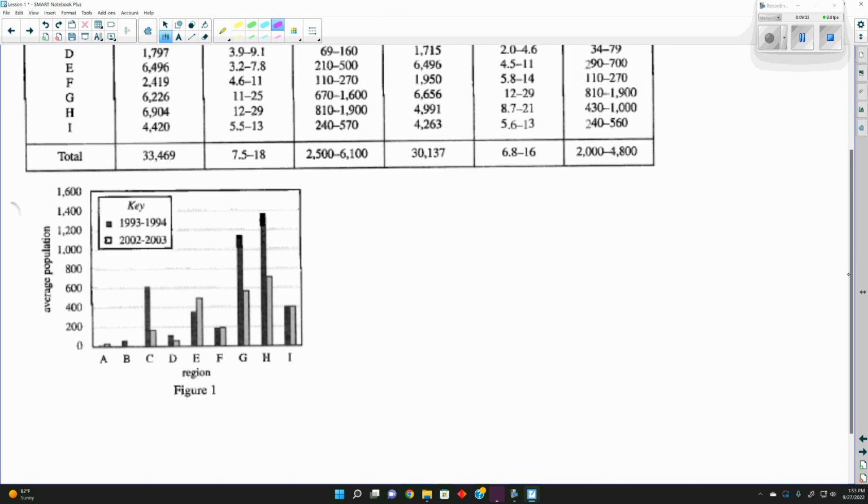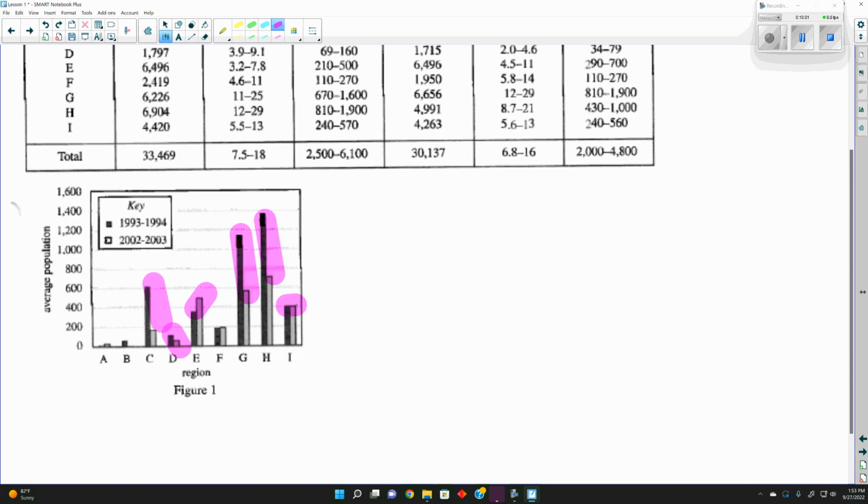Average population. So if we're looking at this here, we're trying to see which one does not decrease. So from 93, so the one shaded to the one not shaded. So C, it decreases. D, decreases. E, it G, and that stays the same.